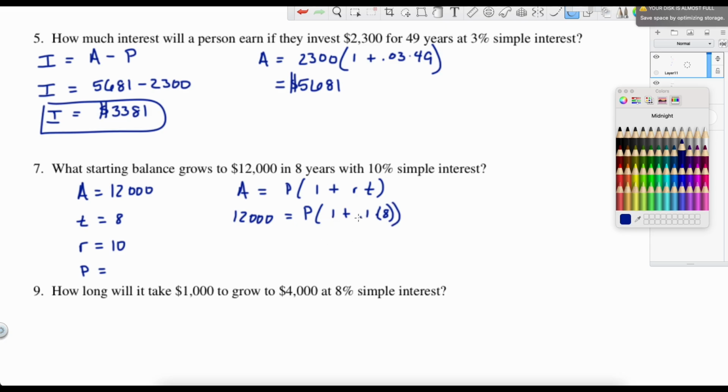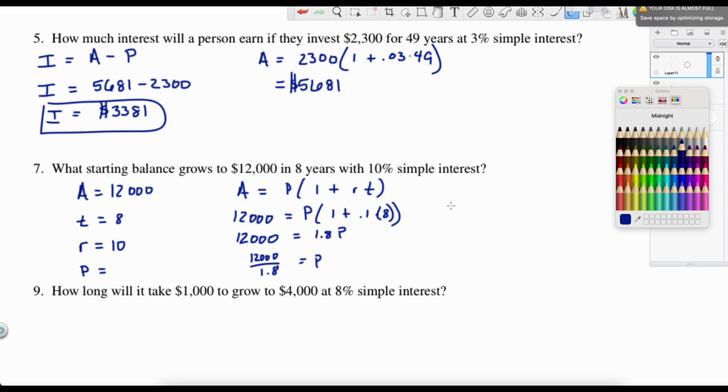Okay. So 0.1 times 8 is 0.8. 1 plus 0.8 is 1.8. So I get 12,000 on the left, I've got 1.8 P on the right. And now I'm just going to divide 1.8 into 12,000.